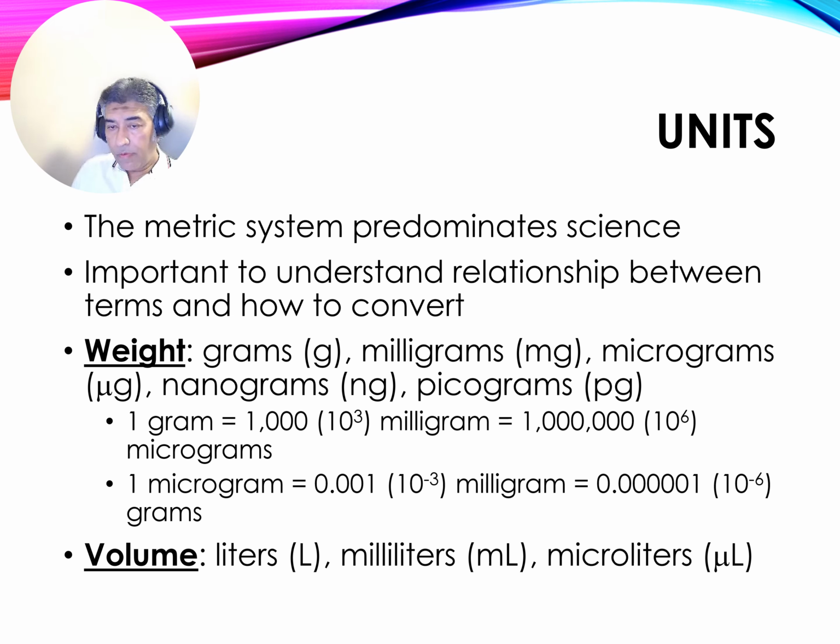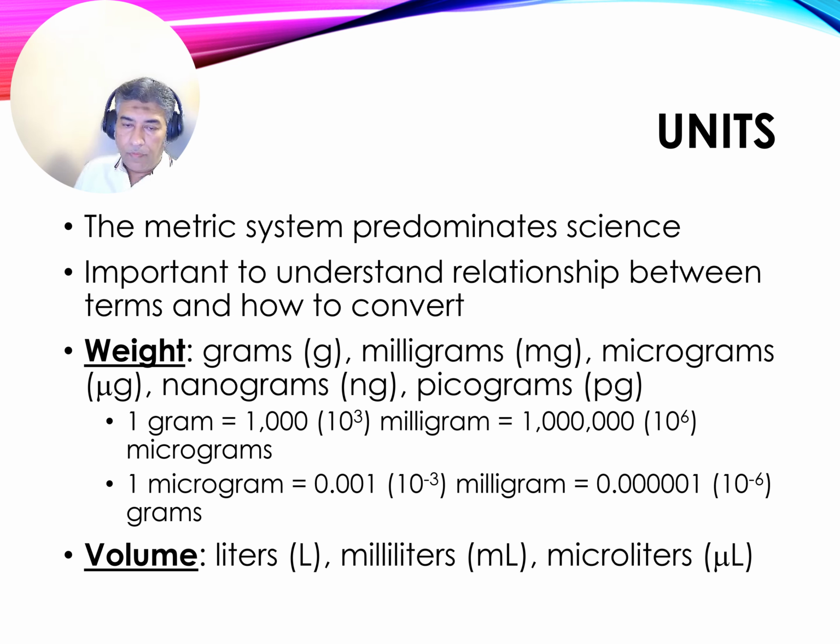So 1 gram equals 1,000 milligrams, or 10 to the power 3, and 1 gram is also 10 to the power 6 micrograms. And here we can see 1 microgram equals 0.001, or 10 to the power minus 3 milligrams, or 0.000001 after 6 decimals, it's going to be the weight of a gram.